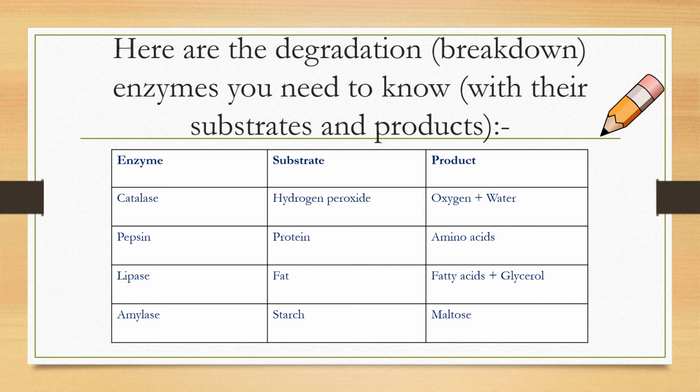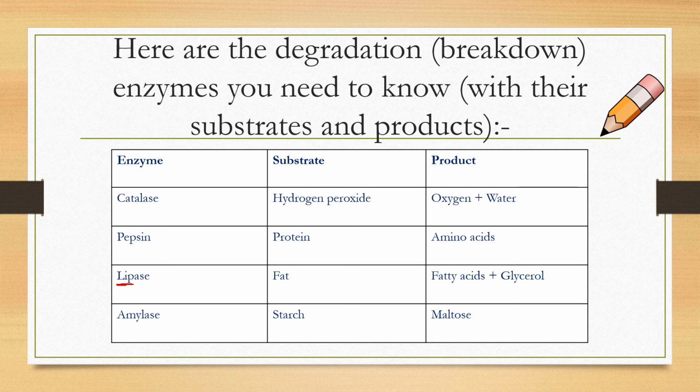And then you've got lipase, which catalyzes your substrate fat and breaks it down to fatty acids and glycerol. You can remember lipase by liposuction, which usually sucks fat out of you. And then amylase, which catalyzes the breakdown of starch into maltose, which we were meant to remember as SAM.